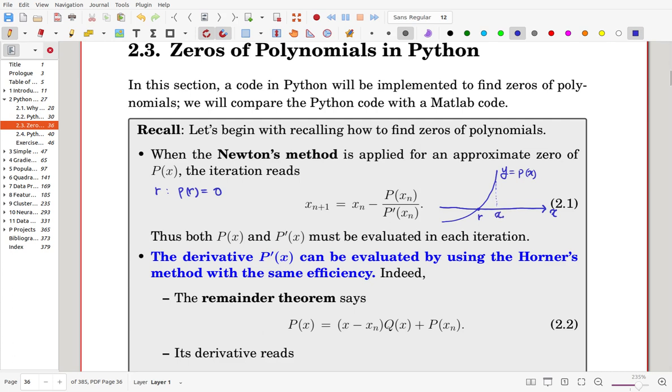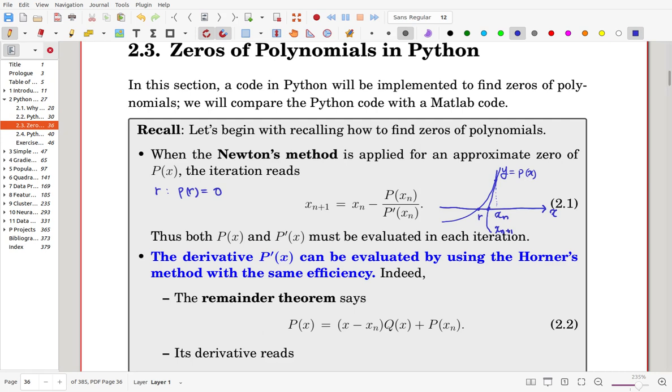Then the updated point can be found in this way. From this point, we make a tangent line to the curve and find its x-intercept. That intercept is the updated point xn+1.